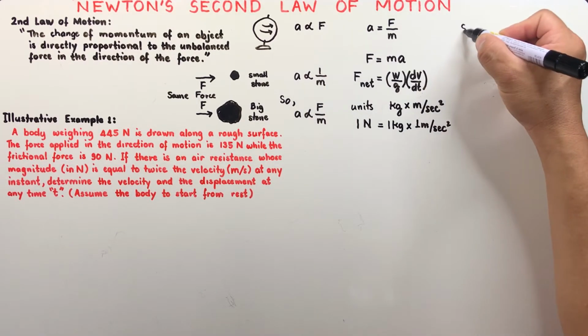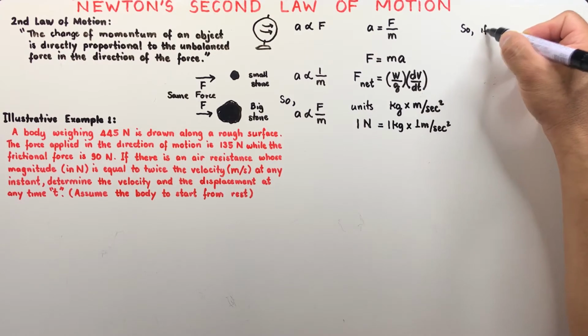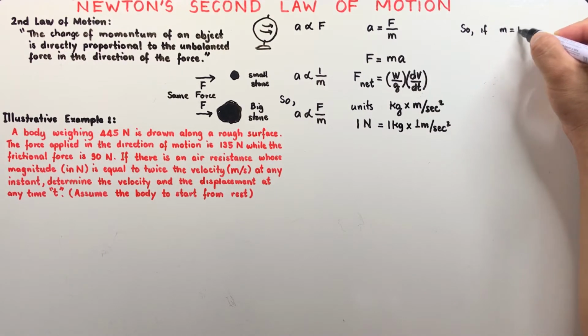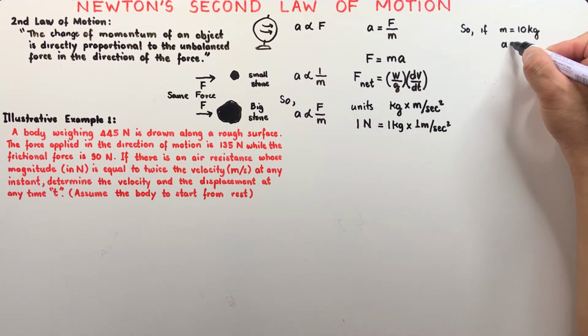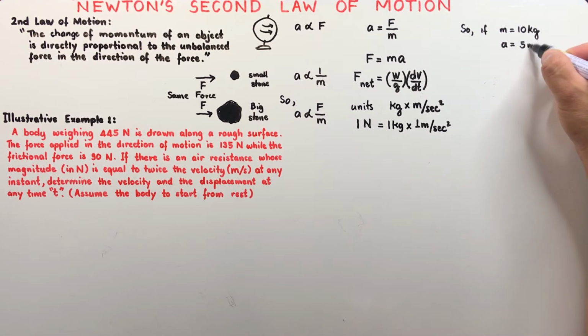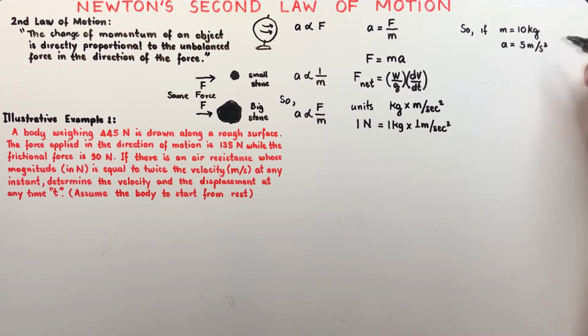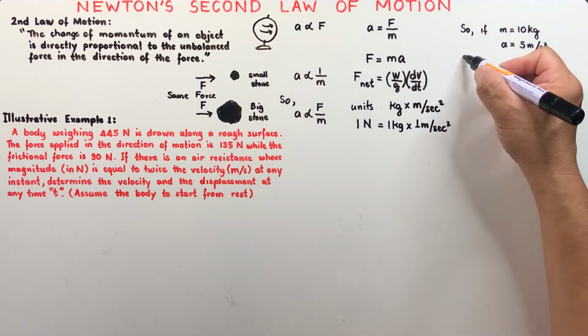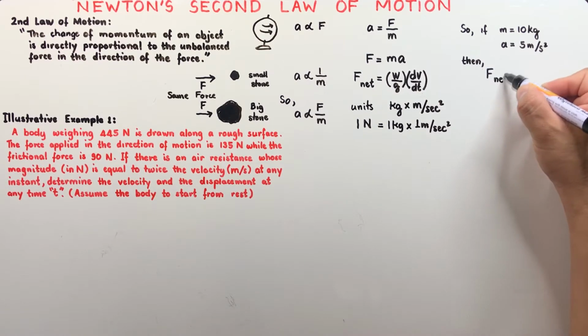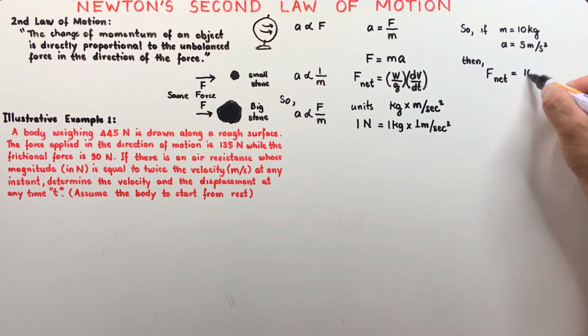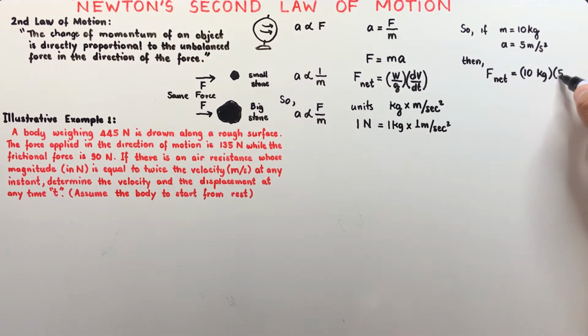So, if you have an object whose mass is 10 kilograms and you want an acceleration of 5 meters per second squared, then the net force required is equal to 10 kilograms times 5 meters per second squared.